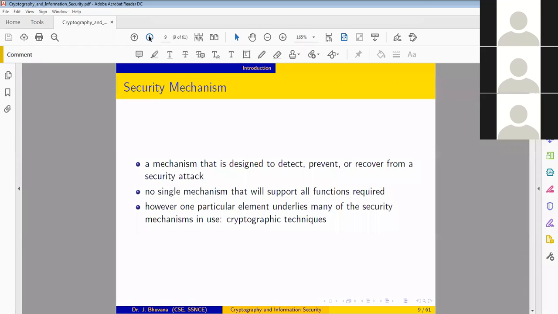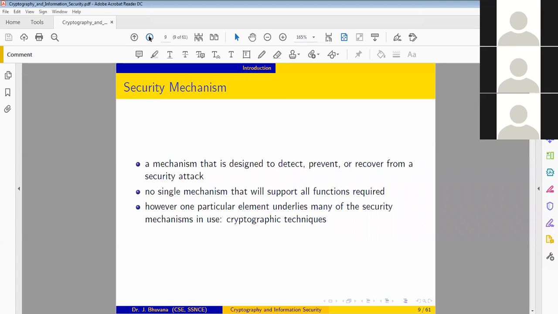It is not a single mechanism; it may be a combination of several mechanisms. So what is a mechanism? It is a procedure, a set of steps designed to prevent the attack from happening. If you have procedures which do not have the capability of preventing the attack in the first place, it means the attack has happened.